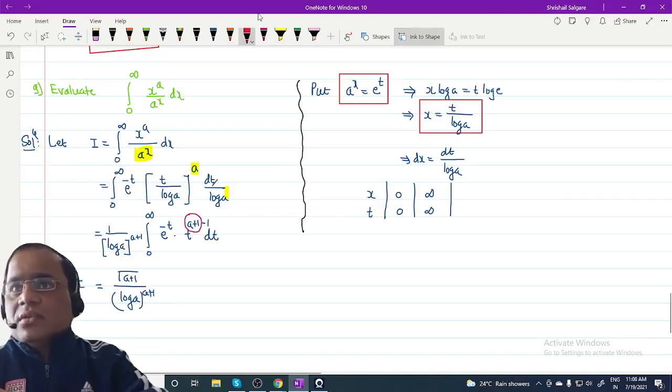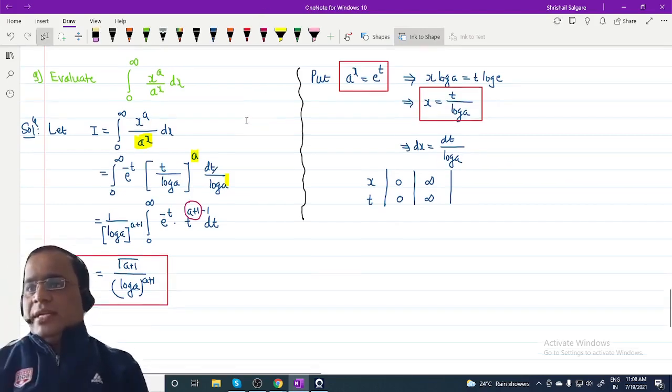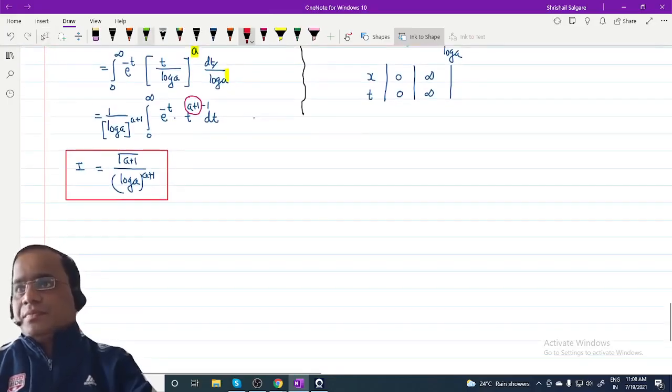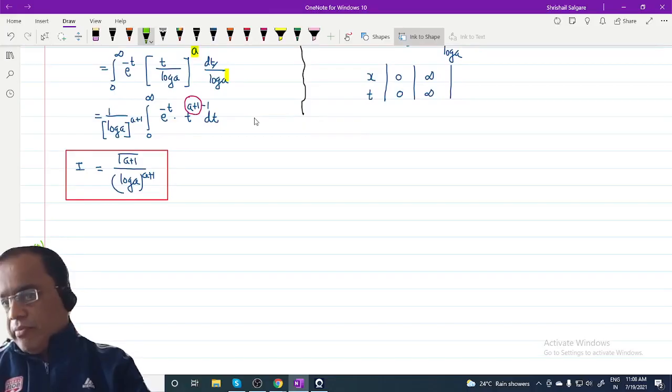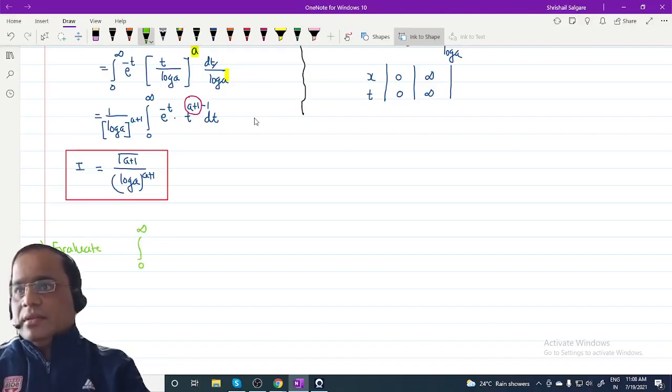Okay, so one particular example on this case. Still I have to cover two methods. The 10th example, suppose: evaluate the integral from 0 to infinity of x raised to 7 divided by 7 raised to x dx.